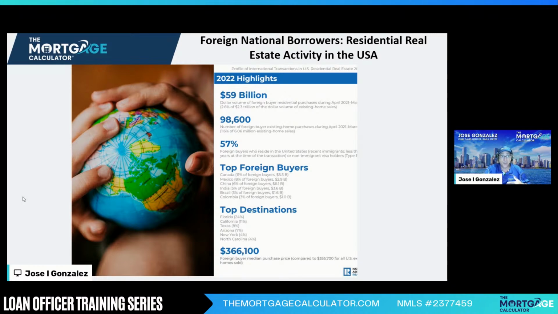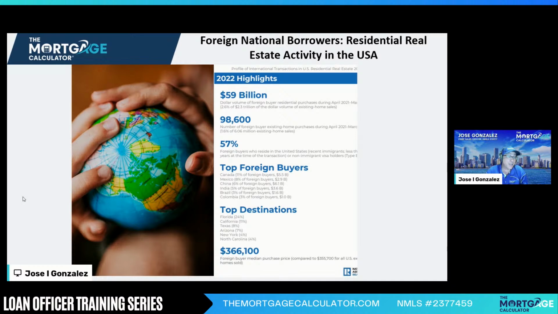Our north border and our south border, obviously, citizens of those countries are buying in the good old US of A. 6% are from China. 5% are from India. 3% are from Brazil, and 3% from Colombia, right? So those are the 6 top foreign buying countries.